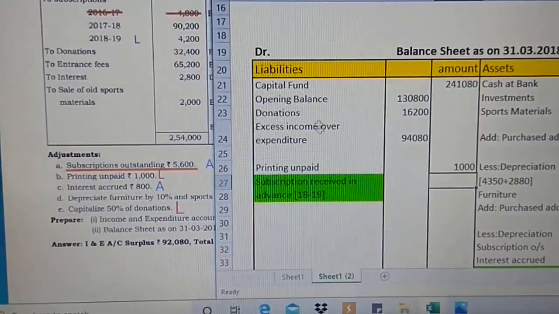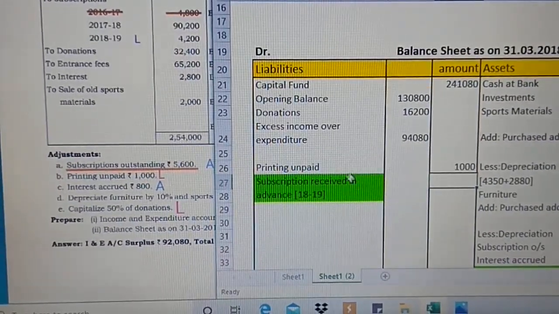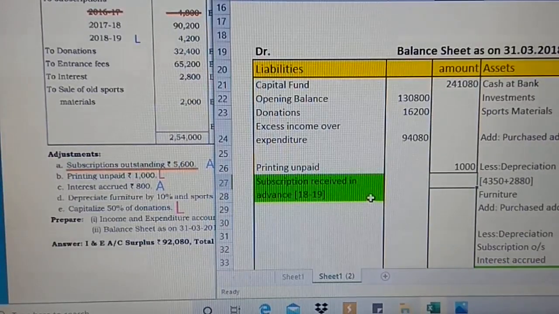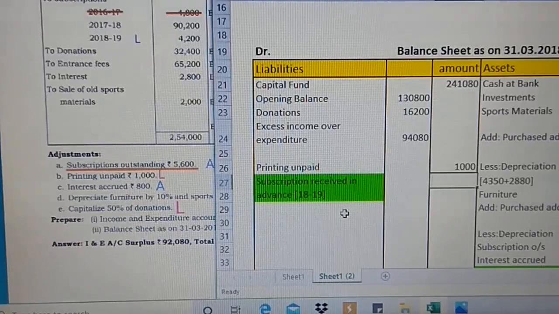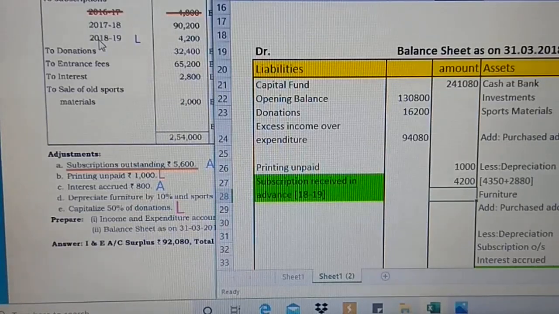So this 4,200, I've just highlighted your subscription received in advance for 18 and 19. Be very clear with this. I'll tell you all a very important thing which needs to be observed and remembered always. Anything for the next year is shown in receipt side and payment side. We need to take only once. Only if it falls under the adjustment, we need to take twice.